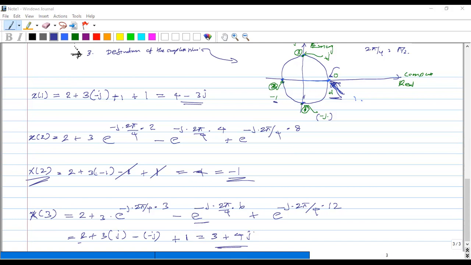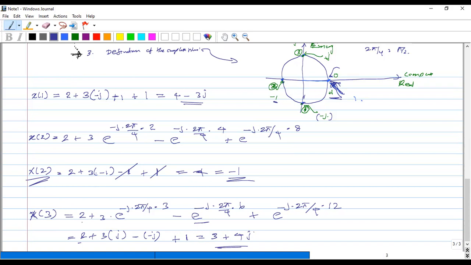What is that? Okay, I think we have a mistake. So this is 2π by 3 minus 2π by 6 plus 2π by 12. I think this is correct. I think this one we have a mistake. I will calculate it again.